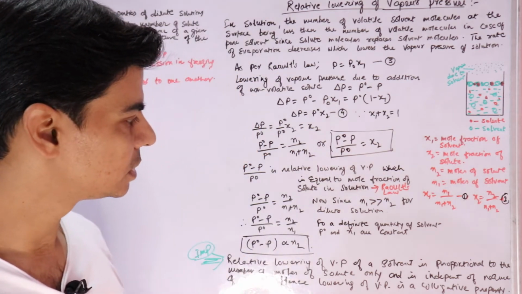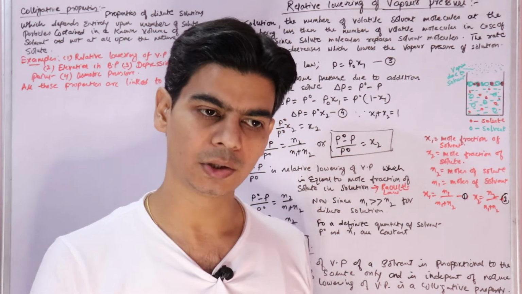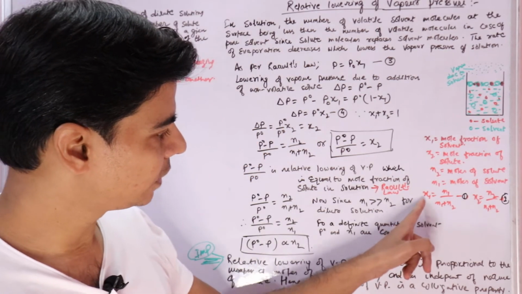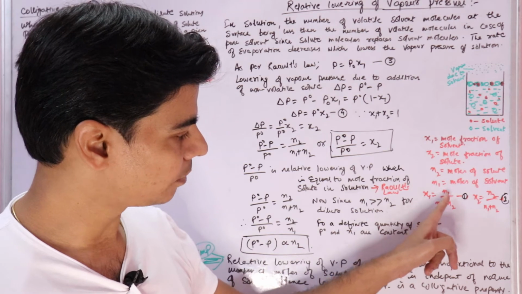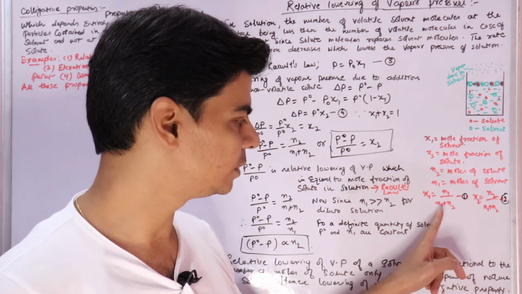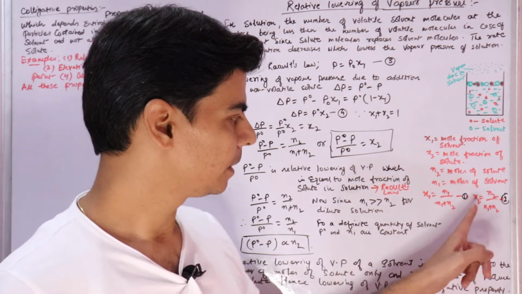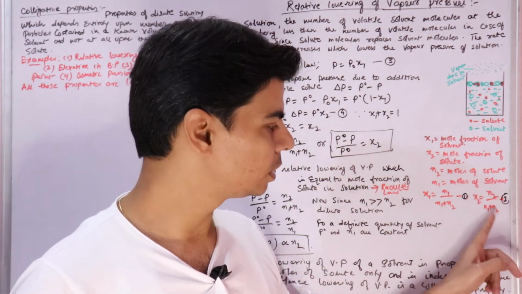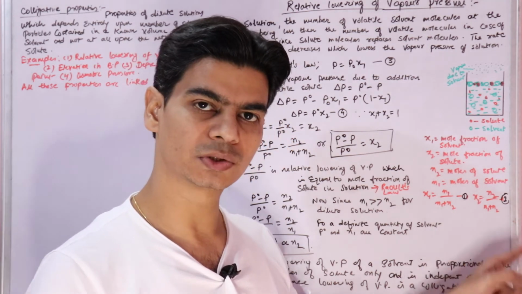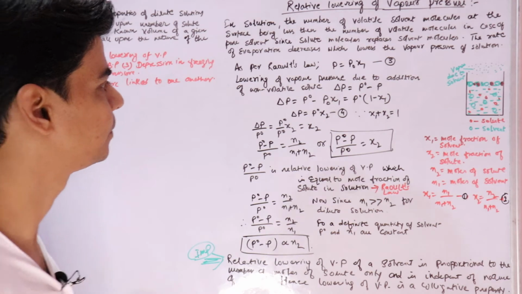By definition, mole fraction is the ratio of the number of moles of one component to the total number of moles of all the components in solution. So x1 is n1 divided by n1 plus n2, and similarly the mole fraction of solute, x2, is n2 divided by n1 plus n2. These are the mole fractions we will use in the derivation.